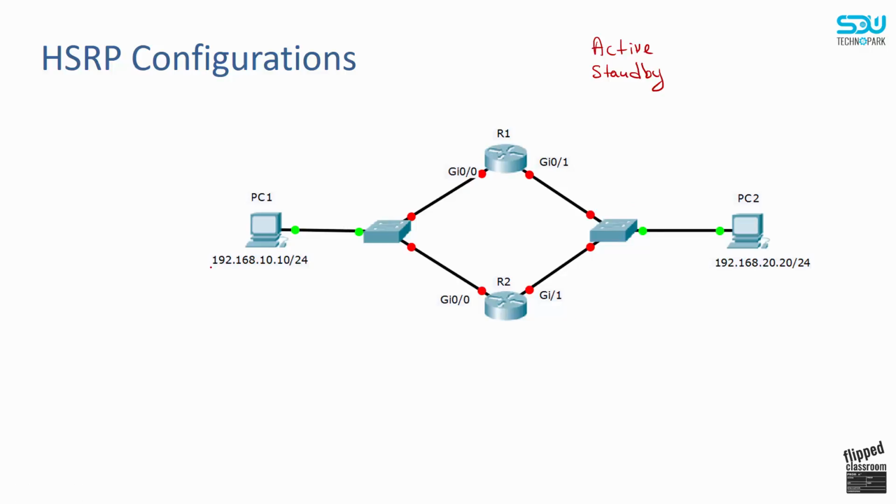First of all, we'll enter the router 1 global configuration mode. Afterward, we'll go to the gigabit 0/0 interface. And next, we'll say to this interface that it is going to have the configuration of the standby.